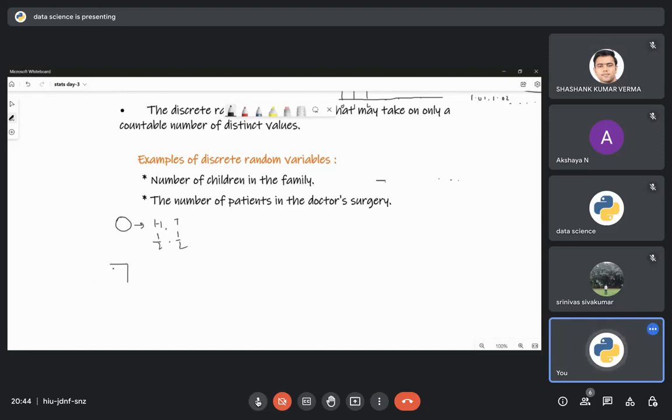Now suppose there is a die. You know a die, right? The Ludo one, with 6 faces. My drawing is very good, understand. This is a 6-faced die: 1, 2, 3, 4, 5, 6. What is the probability of coming each face in a die?